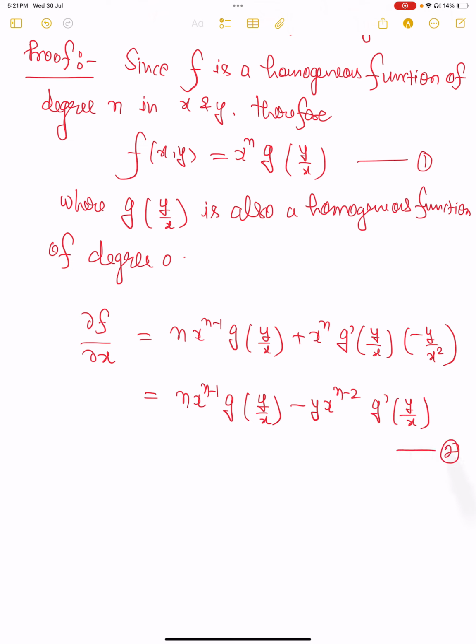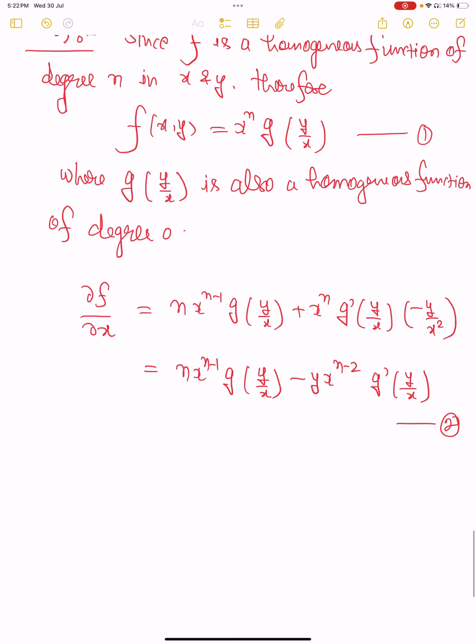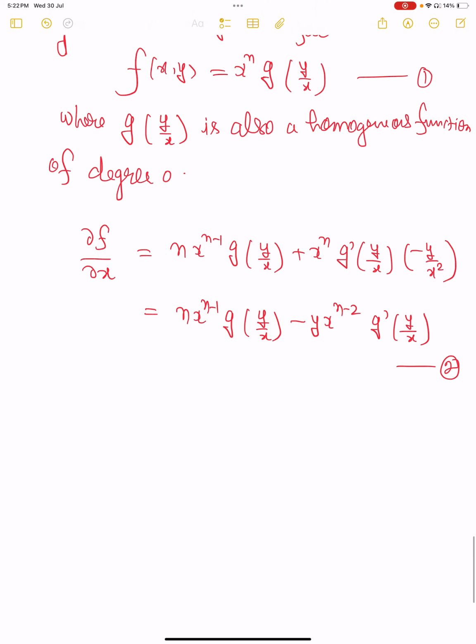Let's say this is equation 2. Similarly, what is del f upon del y? Del f upon del y is nothing but x to the power n g dash(y upon x) into 1 upon x. So this will become x to the power n minus 1 g dash(y upon x).